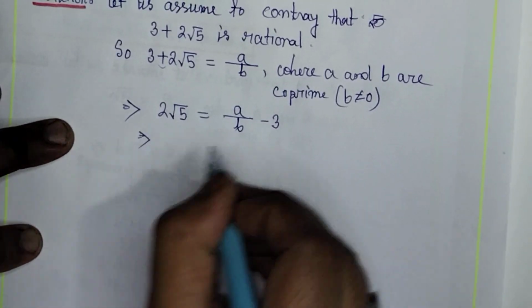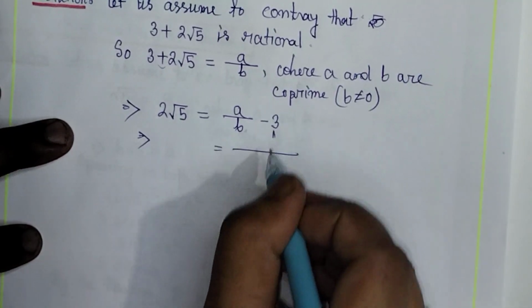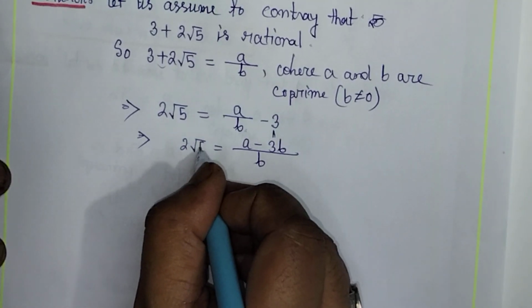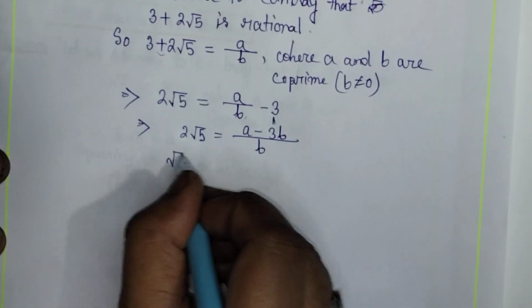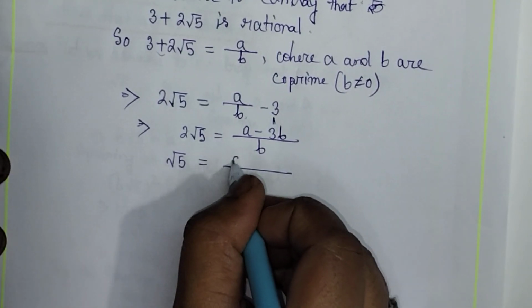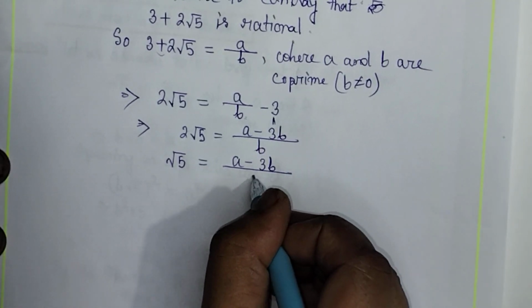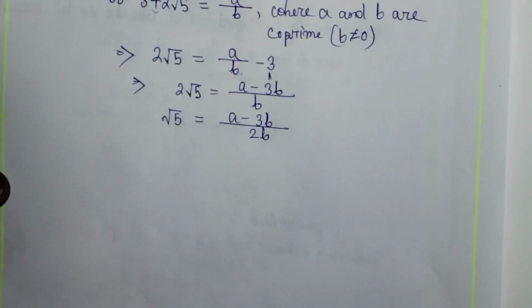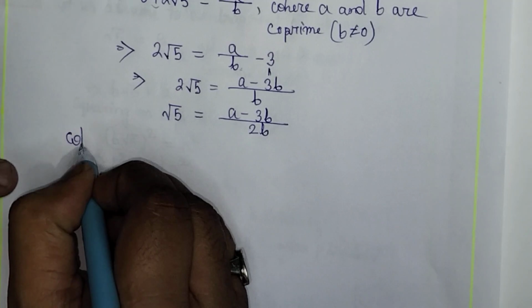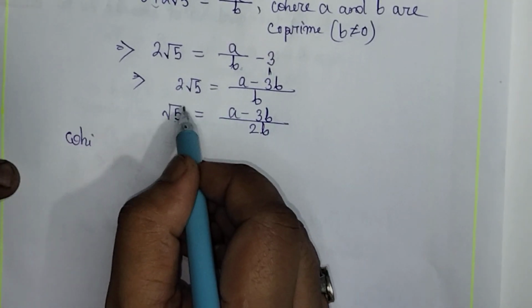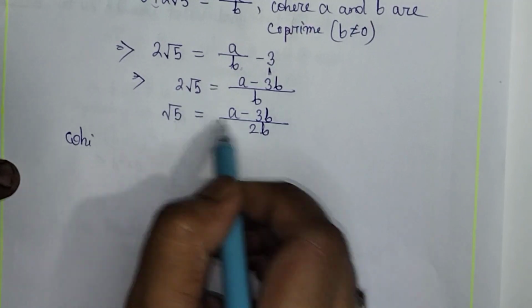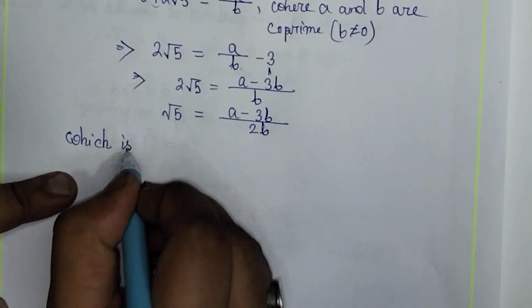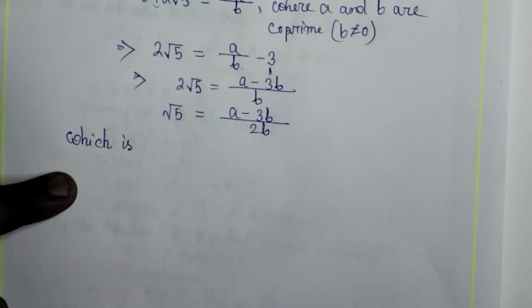Here LCM of B and 1 is B. So 2 root 5 equals A minus 3B divided by B. So root 5 equals A minus 3B divided by 2B. Which is a contradiction.